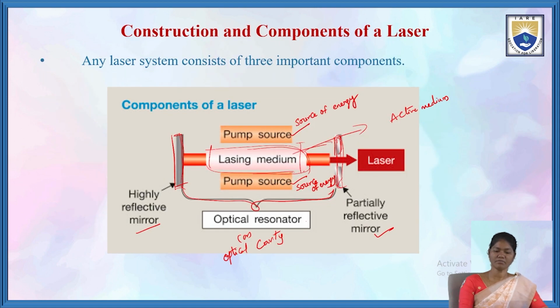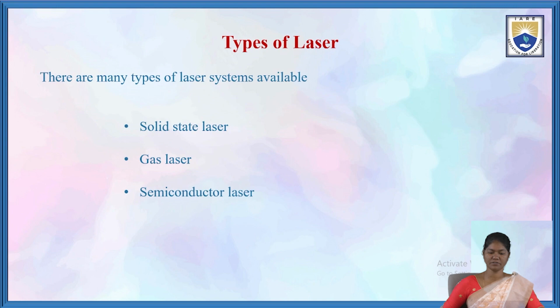So the active medium is constituted with two reflecting mirrors. These two mirrors reflect the photons back and forth, and finally we get high intensity, coherent, monochromatic light through the partially reflective mirror. Radiation comes out from the partially reflective mirror.